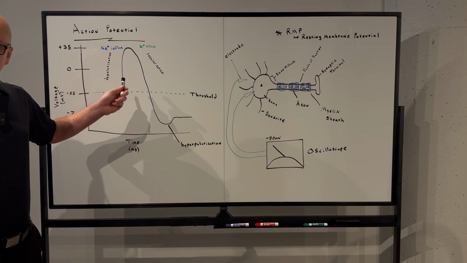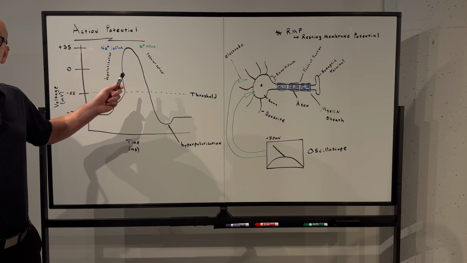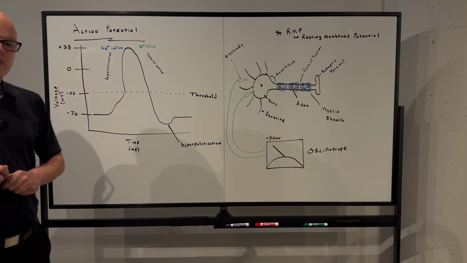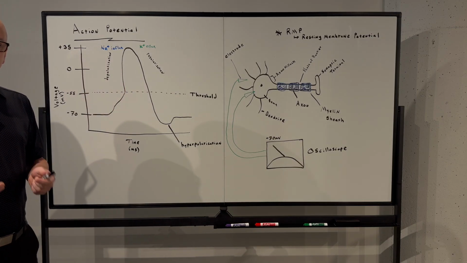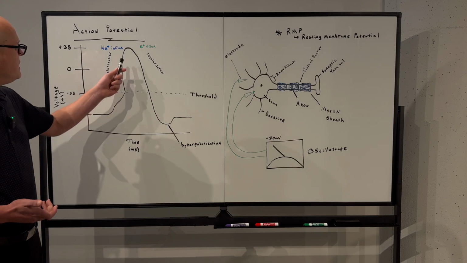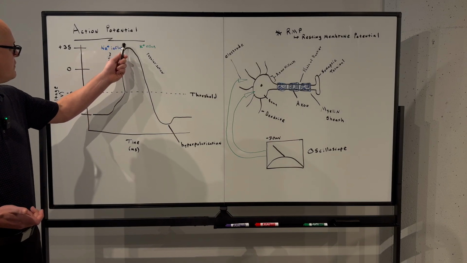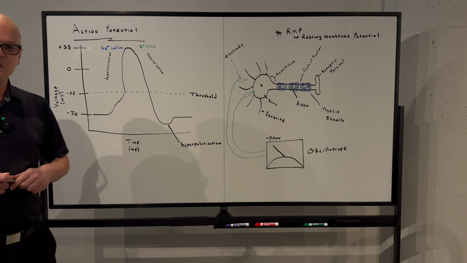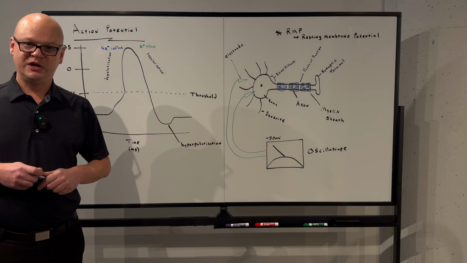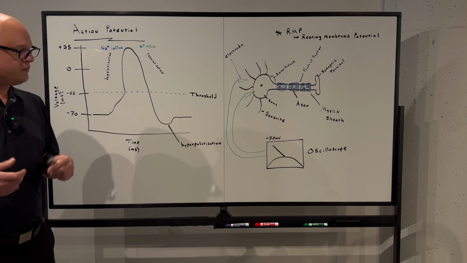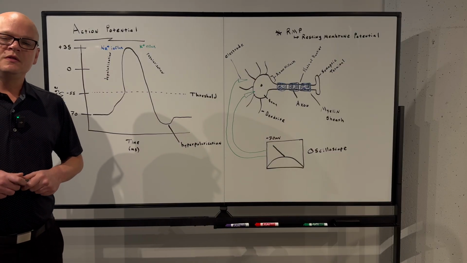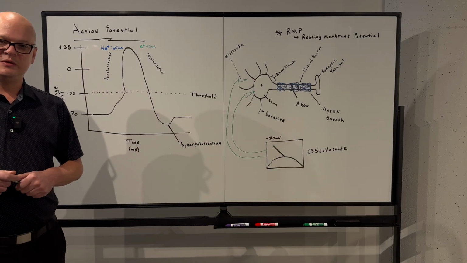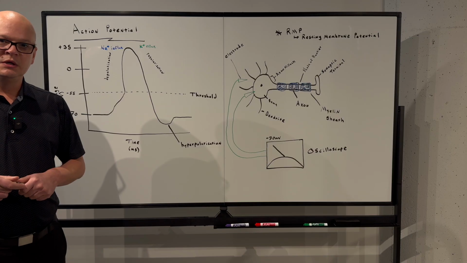The potassium channels that are present on the membrane are also going to be opening, but those channels are more slowly opening. So when we get to +35 millivolts, at this point the voltage-gated sodium channels are going to close. And we're going to have the voltage-gated potassium channels being open.